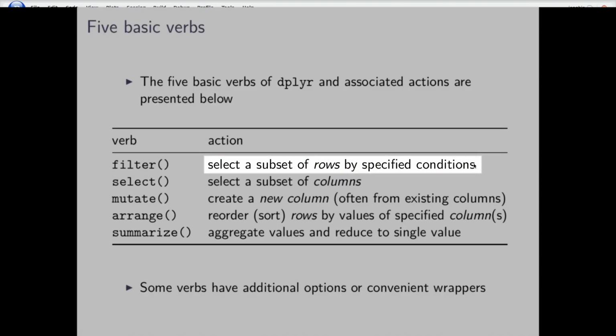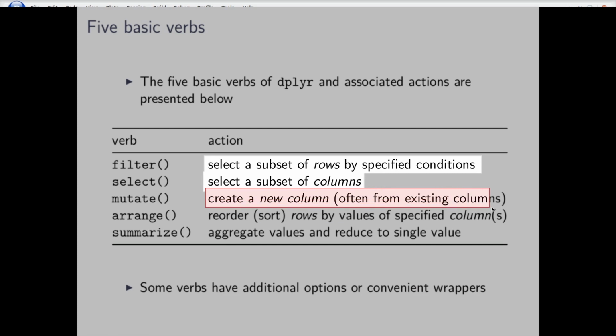For example, say you want to get all the boys out of your student data. That would be subsetting by rows. Or you could subset your data by columns. For example, if you had the student score data, say you just want the names and scores, that would be subsetting by columns.